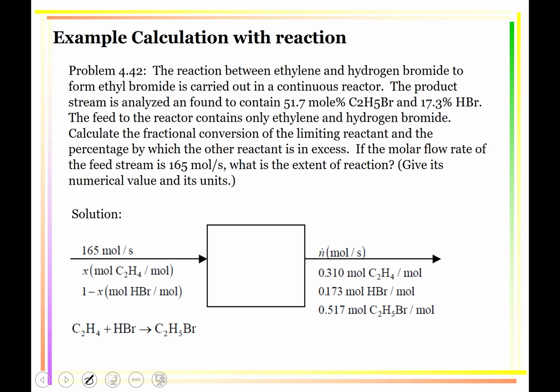So we have 51.7 mole percent C2H5Br, 17.3 mole percent HBr, and obviously the balance has to be something, and so it's going to be unreacted C2H4. So what we want to do now on this process is, let's do first the atomic species balance.